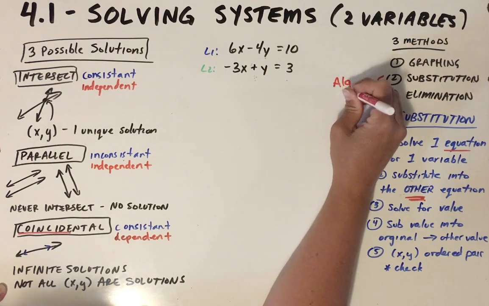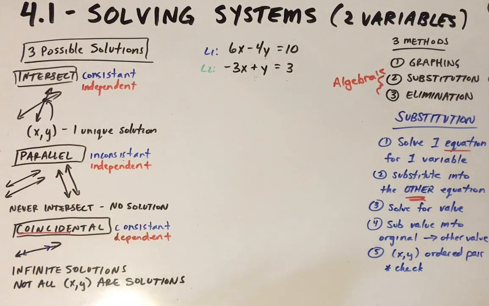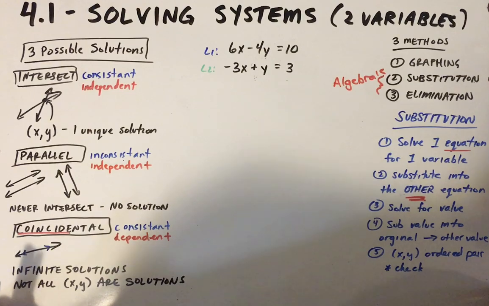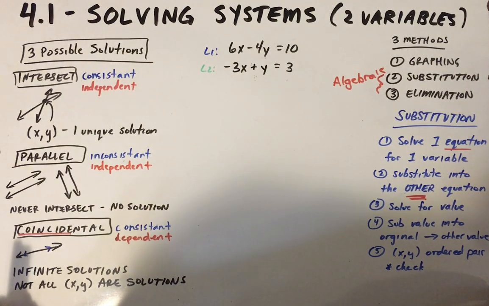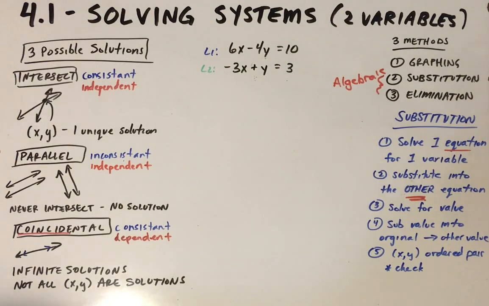We will only use algebra to figure out the solution here. So we're going to manipulate these equations using algebra. But again, you'll never see them on an XY coordinate system, so we're not visually going to see these.